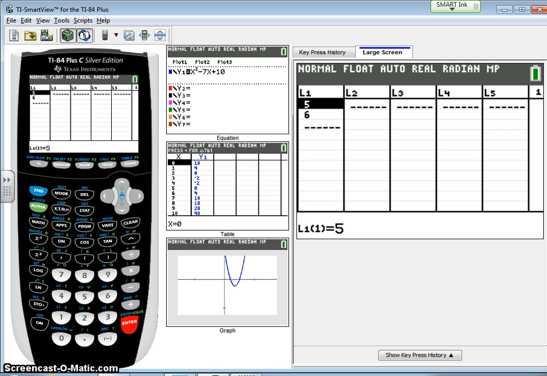I'm going to put my x coordinates down L1, and my y coordinates down L2. You can see I've got a couple of numbers left in here from my last problem. To get rid of those, I'm just going to hit the up arrow until L1 is highlighted. I hit clear. I hit the down button, and that clears the column out, and I'm ready to go.